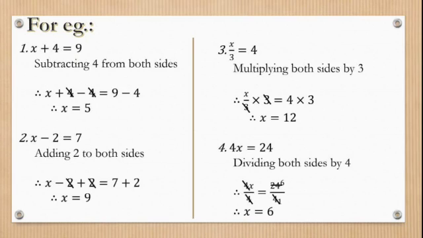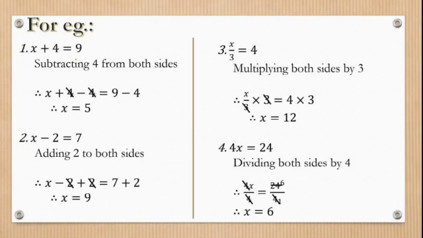Now minus 2 plus 2 gets cancelled. So the value of x is 7 plus 2, that is 9. Now if you substitute the value 9 in that equation, 9 minus 2 is what? 7. So your left hand side is 7 and your right hand side is also 7.